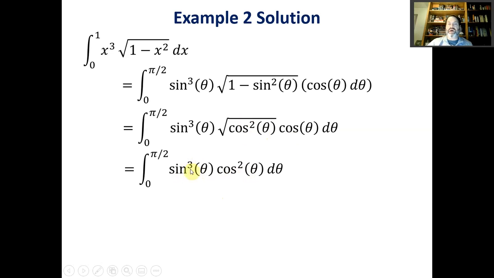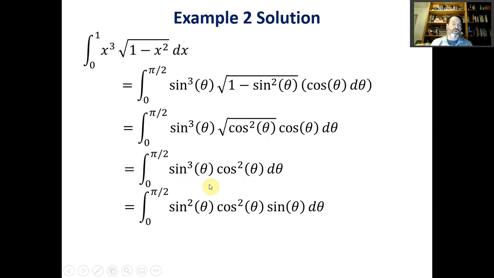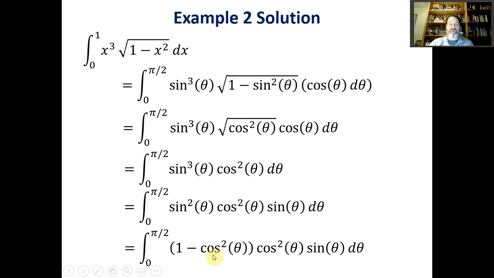Sine is to an odd power, so we want to pull out one copy of sine. Then we want to use Pythagorean identities to turn this sine squared into cosine squared. And then you want to simplify. You want to bring all the cosines together. So distribute here.